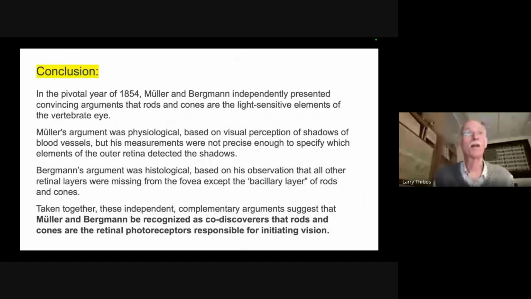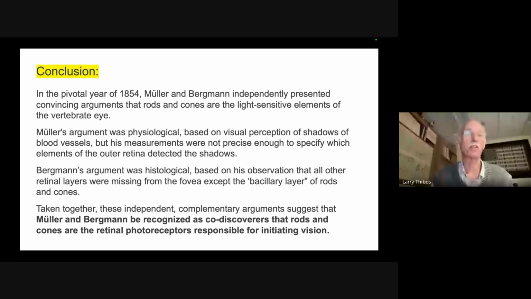So I can make some conclusions now. In that pivotal year of 1854, Müller and Bergmann independently presented convincing evidence that rods and cones are the light-sensitive elements of the vertebrate eye. Müller's argument was physiological, based on visual perception of shadows of blood vessels, but his measurements were not precise enough to specify which elements of the outer retina detected the shadows.